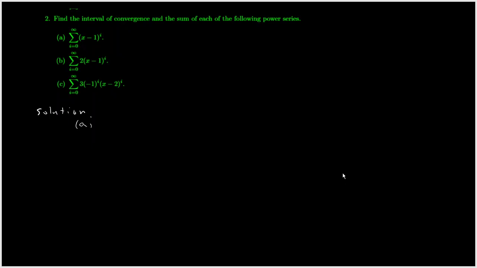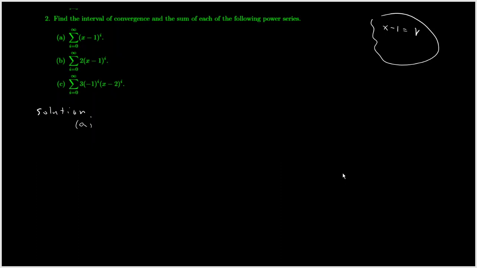For instance, for question A, if you do that on scratch paper. Okay. If you treat x minus 1 as R, that's scratch paper. That's not part of the solution. Okay.